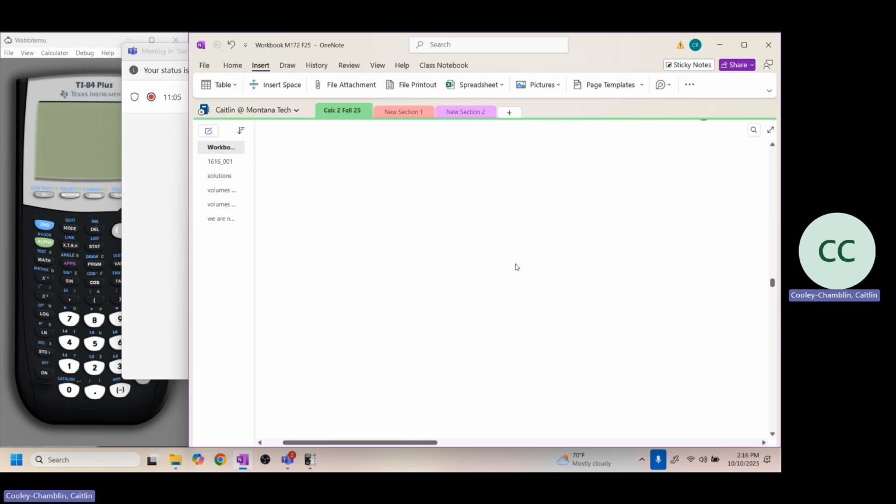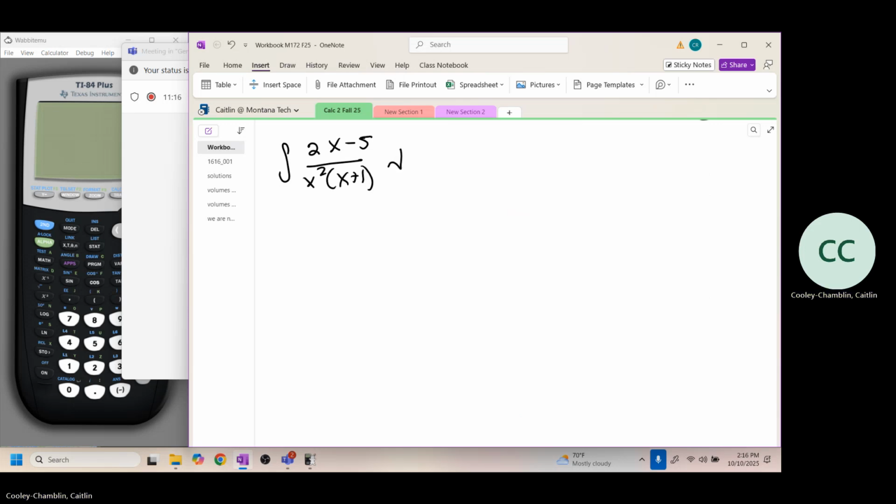So my long equation, the integral of 2x minus 5 over x squared times x plus 1 dx is equal to the integral of 7 over x plus negative 5 over x squared plus negative 7 over x plus 1 dx.